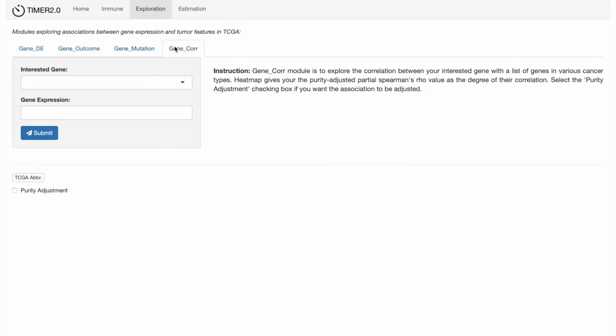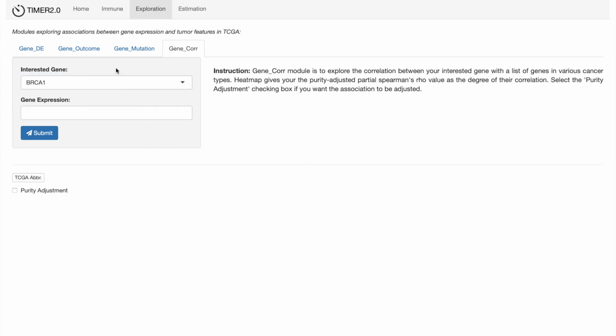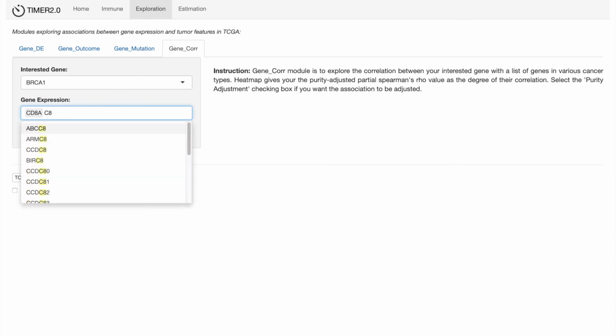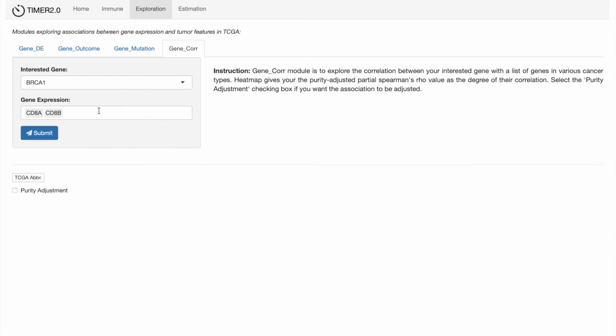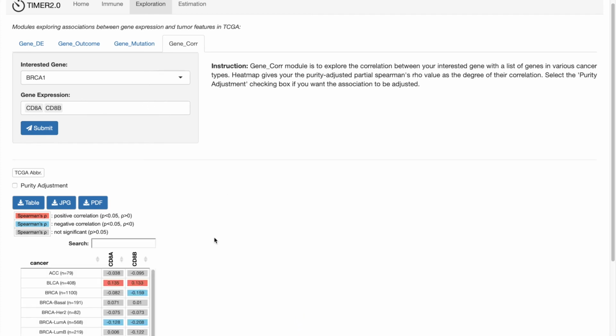And we could also check the correlation between the gene of interest and other genes. For example, we can check BRCA1, whether it is associated with CD8 T cell and CD8 marker genes. So we can input it here, and you can include multiple genes if you like.